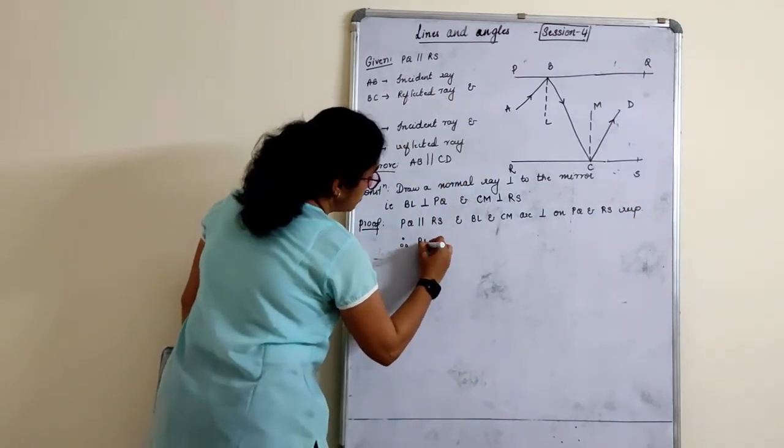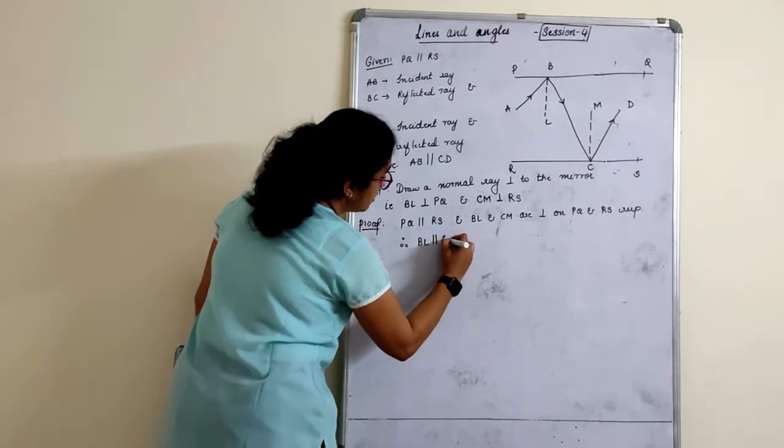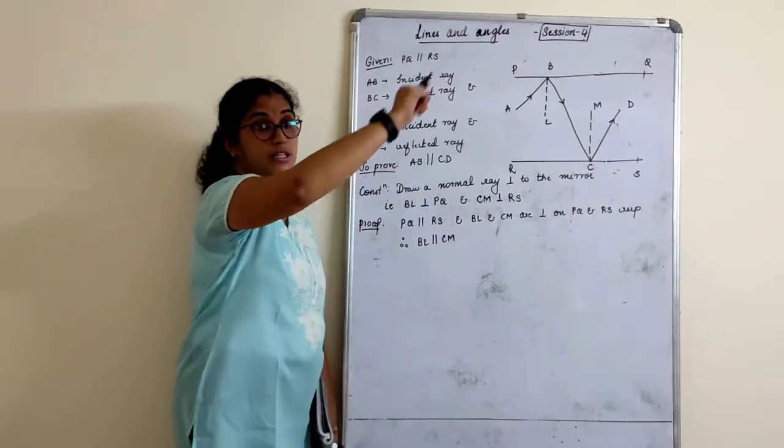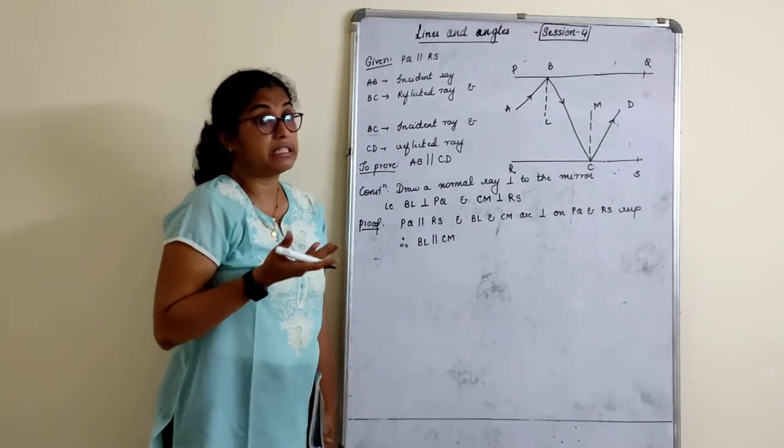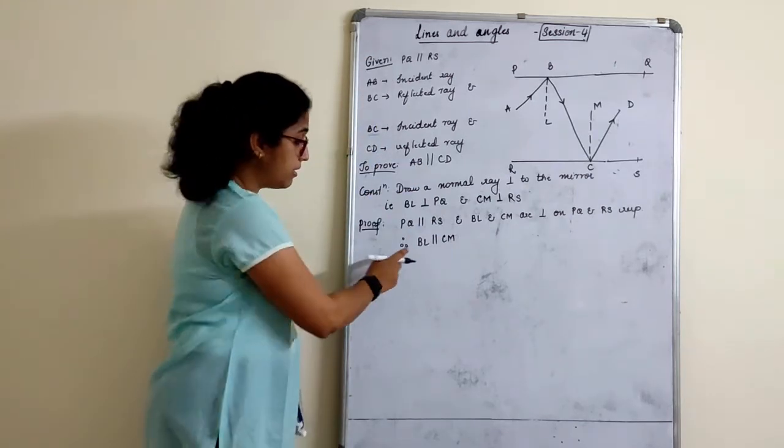Therefore, BL is parallel to CM, because these two are straight lines standing perpendicular. Perpendicular is 90 degrees, so those two have to be parallel.